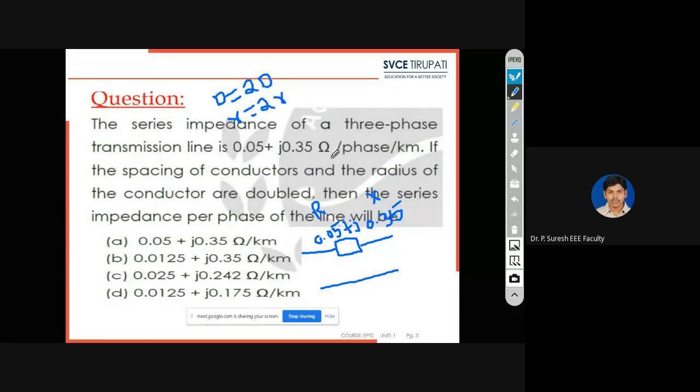Now, what is the impedance of the transmission line? This is the Z. What is the new Z value when resistance and reactance are doubled? My question is clear or not? Yes or no?